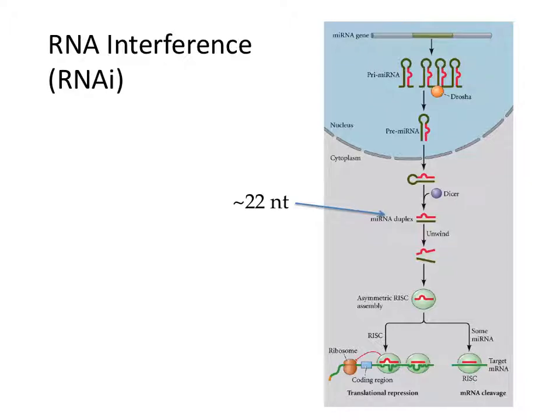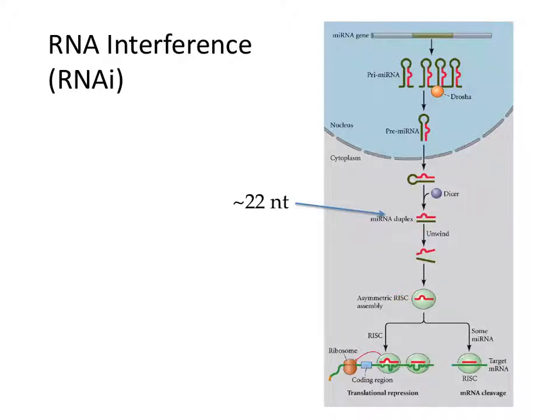What that RISC complex does is it uses that microRNA molecule, they hate it when they both start with M, which is short, usually 18 to 20 base pairs long, as a guide to look for other RNA molecules in the cell that are complementary to that sequence. That is, that would base pair with this single-stranded RNA molecule that's bound to this protein.